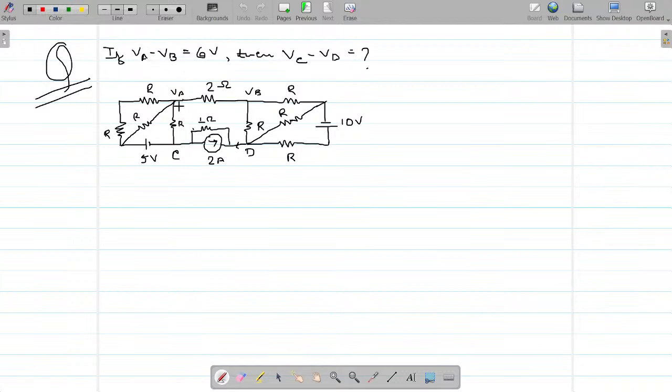It is given that the potential difference between point A and B is 6 volts, and it is asking you the potential difference between C and D. You are given the potential difference between point A and point B, and it is asking you the potential difference between point C and point D. Right? Now tell me, how are you going to approach the network?